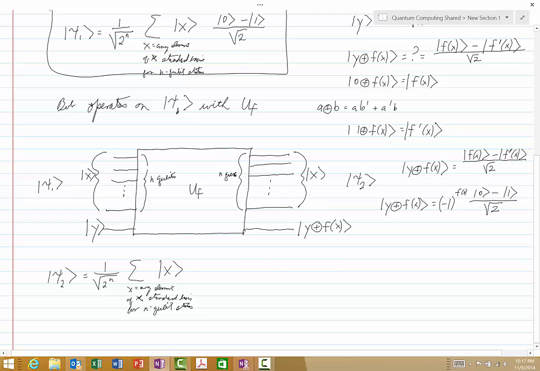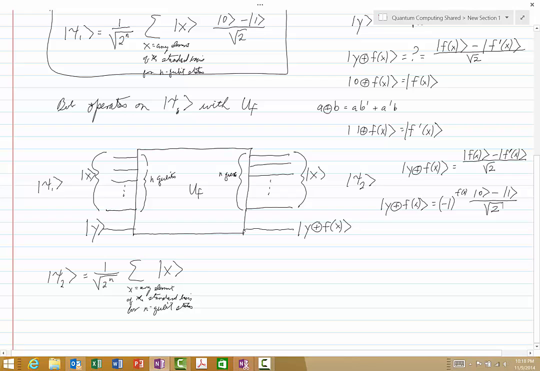And let's make sure now that these two expressions agree. If f of x is equal to 0, then f prime of x would be 1, and we would have 0 minus 1 over square root of 2. And negative 1 to the 0 power is 1, so this formula down here indeed gives us 0 minus 1 over square root of 2. So when f of x is equal to 0, these two expressions agree.